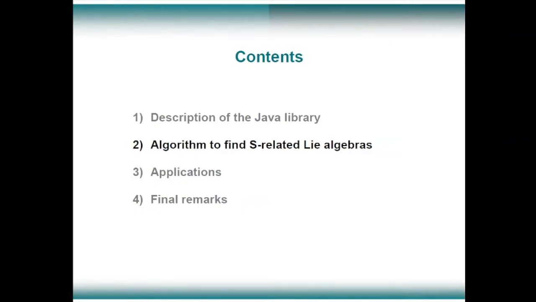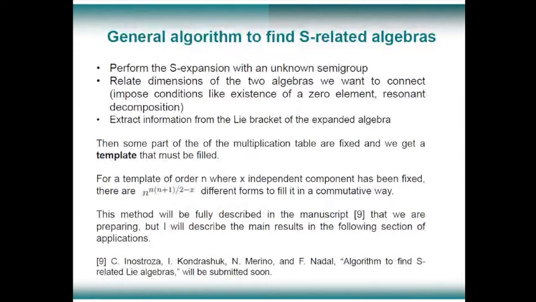Now I'm going to be talking about the algorithm to define if two algebras are related. So the first thing we do to find out if two algebras are related is take the original algebra we want and perform a generalized expansion with an unknown semigroup with an unknown number. And then we relate the dimensions of the two algebras we want to connect, and impose conditions if we want, like a particular resonance condition.